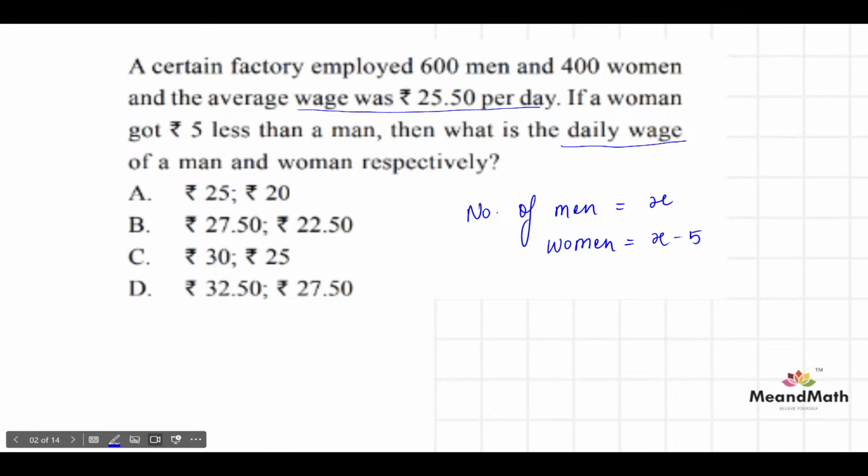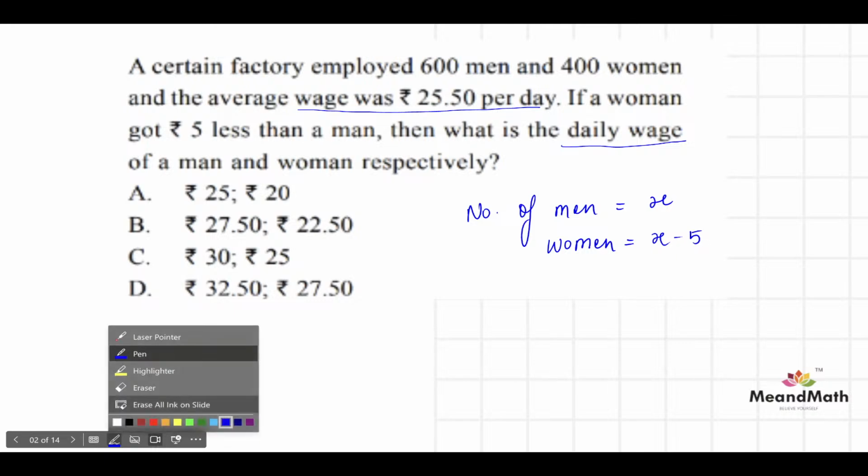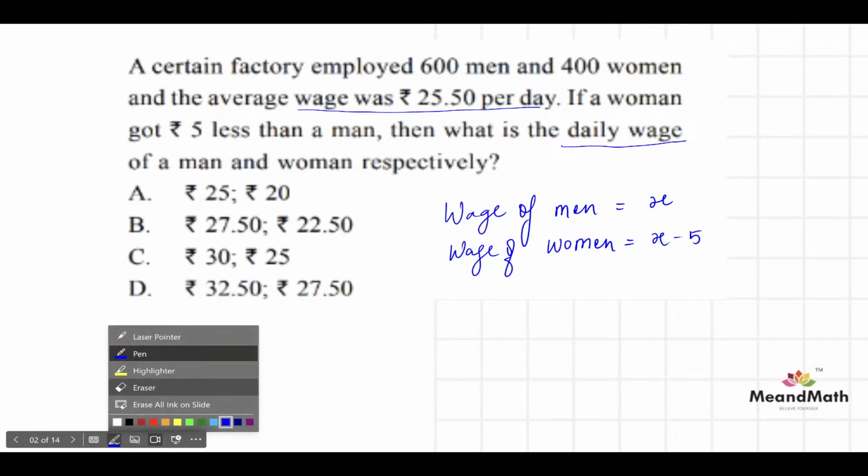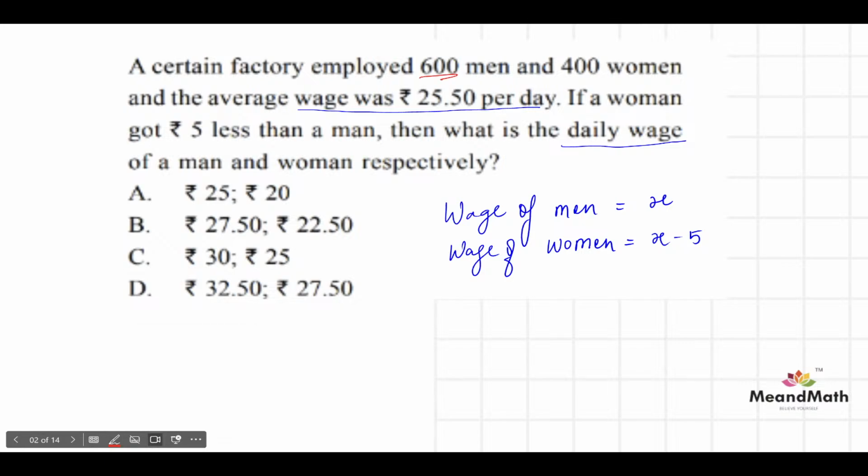So this is the average daily wage of men and women. Now we have 600 men and 400 women, which means a total of 1000 in the factory.